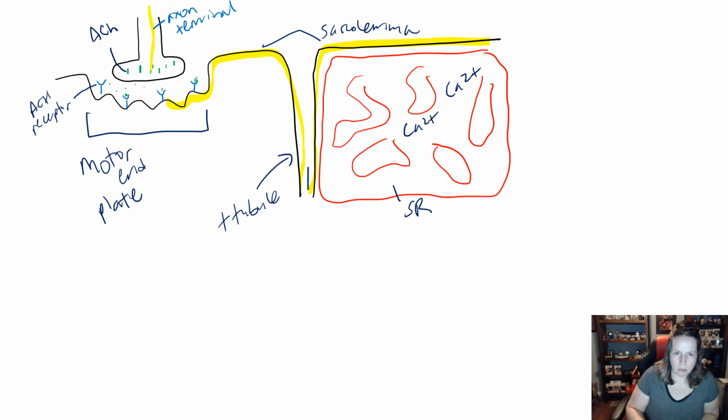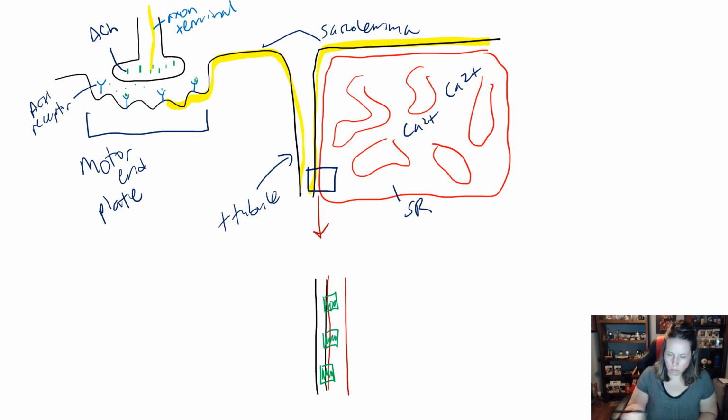Now I'm going to zoom in on this area here. Here's the T tubule meeting up with the terminal cistern of the SR. What we have on here are little channels. These are voltage gated calcium channels, not receptors, excuse me.